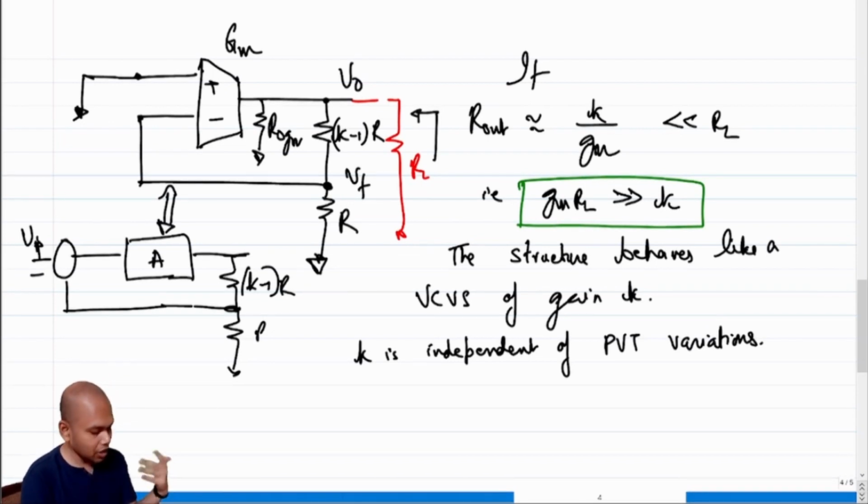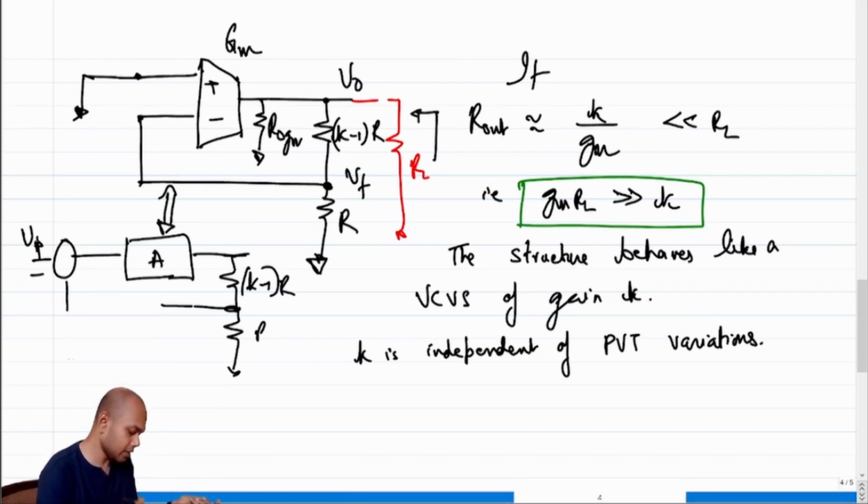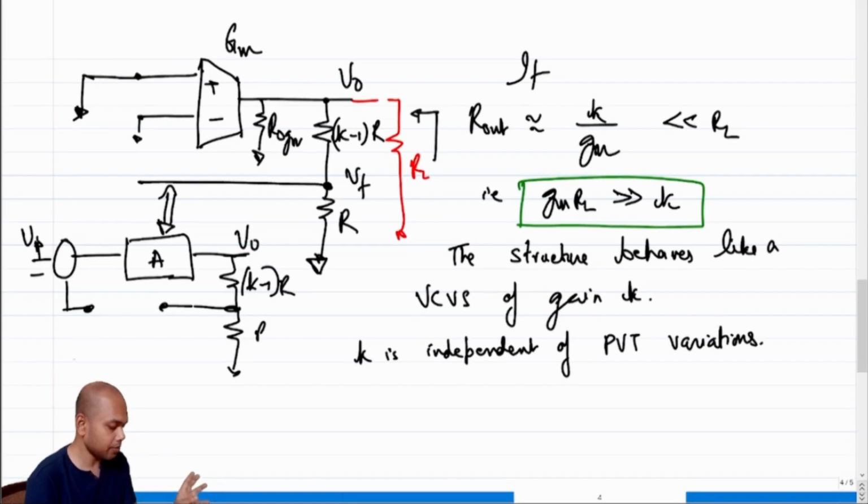Even without getting into too much detail, to figure out the gain we can simply disconnect the feedback and find out the gain between Vi and V0, right? If I disconnect the feedback here and incrementally ground it, and apply Vi here, the gain will be GM times all the resistances in parallel, correct?